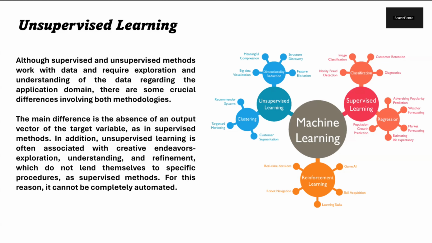For this reason, unsupervised methods are more difficult to automate, to make the algorithms completely automatic. Because in this case, we need the presence of the decision maker.